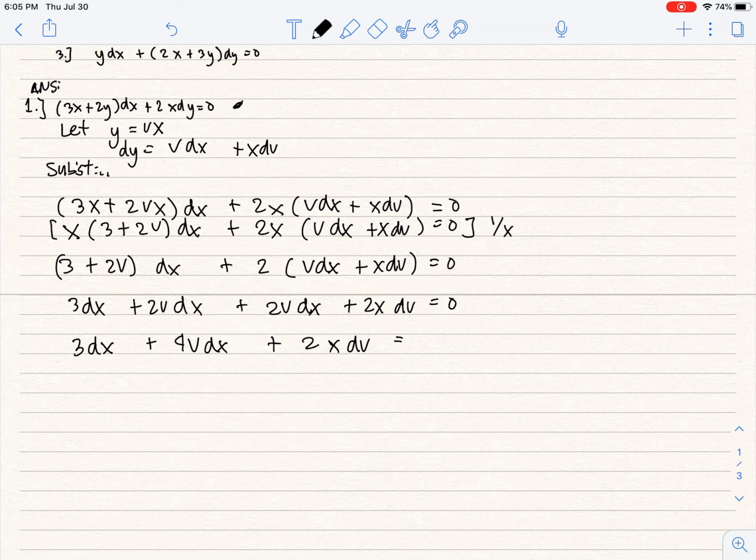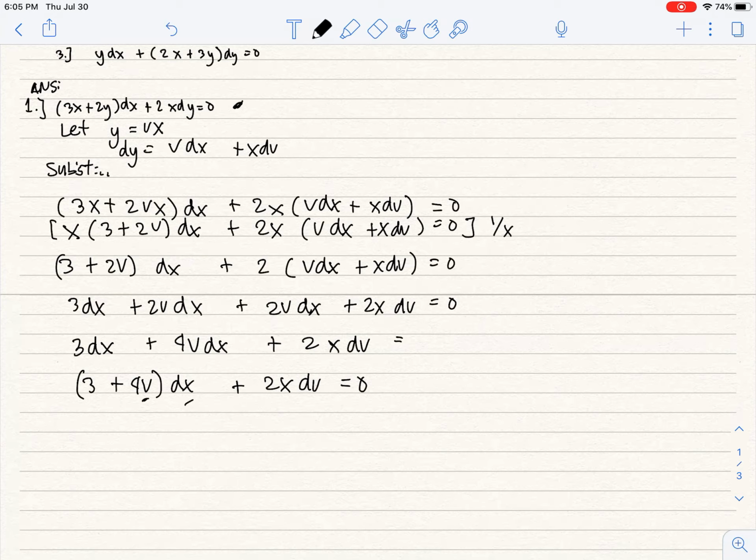Okay, so asa na ito? Kanay o kanay i-factor out. So this now becomes 3 plus 4v dx and then plus 2x dv. So okay, this is almost a variable separable DE. I'm just going to separate v from x and then x from v.